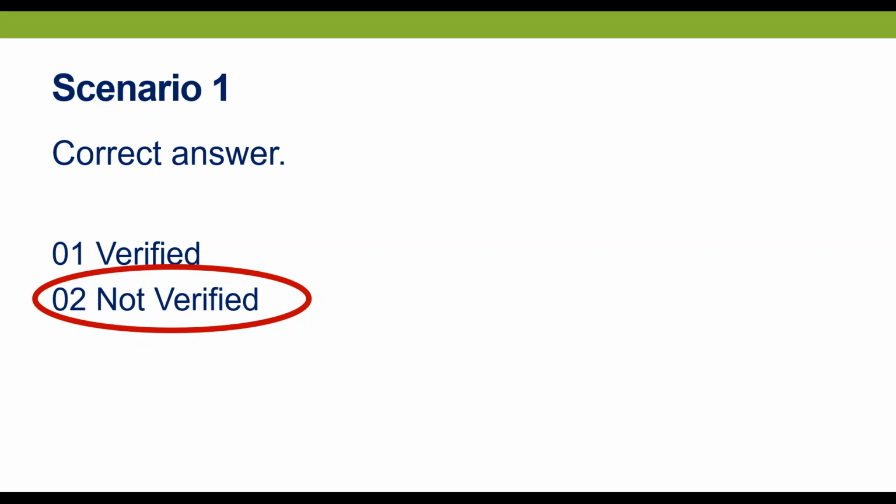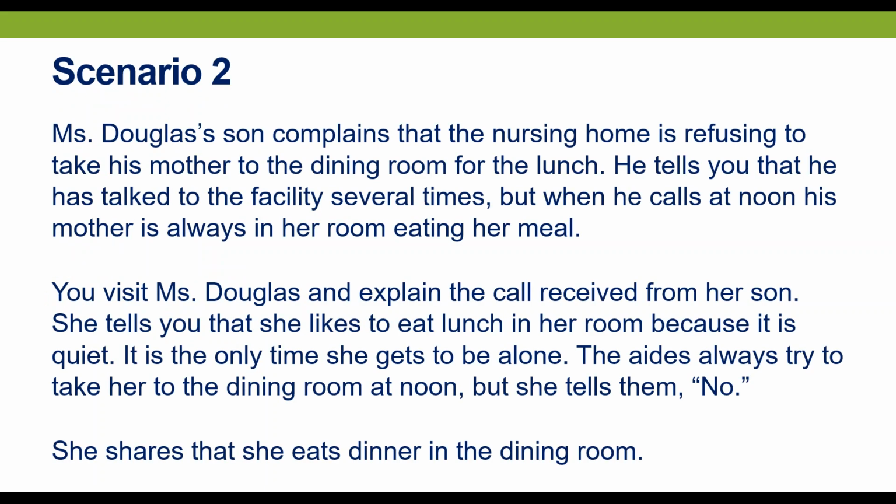However, even though the complaint's not verified, it still required action on the part of the Ombudsman. After investigating the complaint, the Ombudsman discovered the facility's not keeping her money. They were paying for the phone that the resident requested. So no referral to another agency was required, and the case can be closed because there was nothing more for the Ombudsman to do. All right, next slide, please.